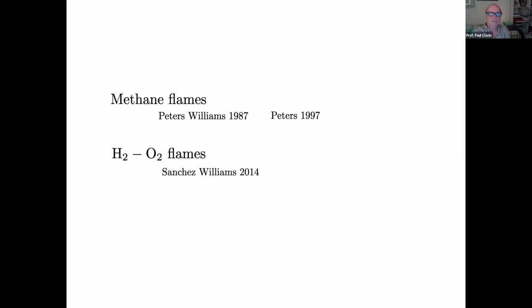It turns out that the same method has been developed for methane flame by Peters and Williams in 87, and also by Peters in 1997.